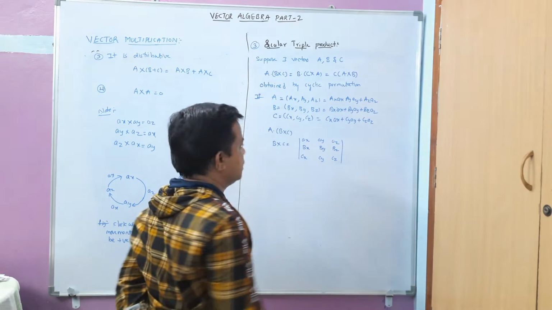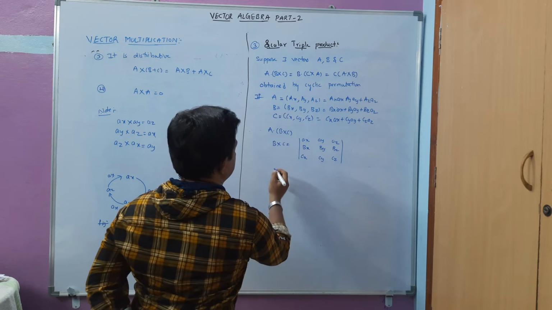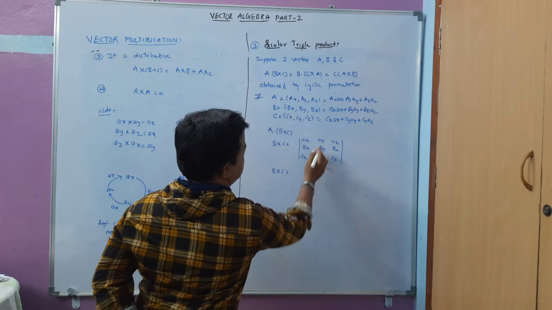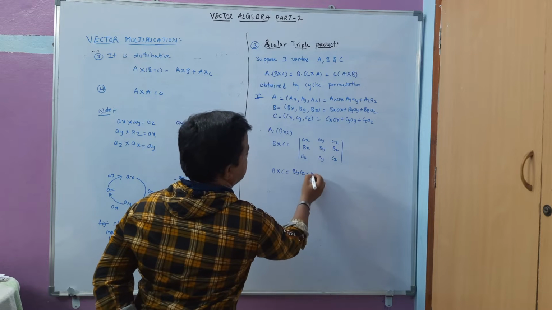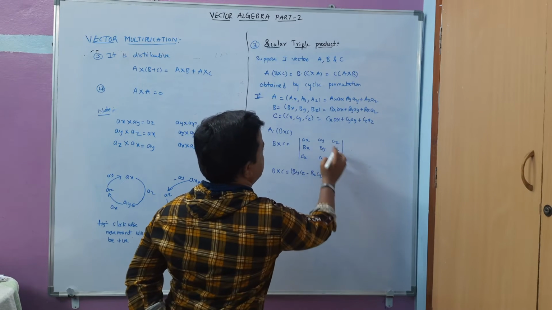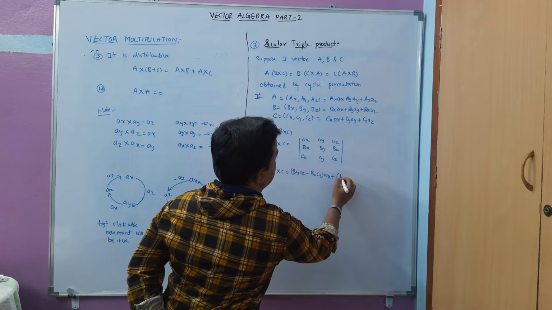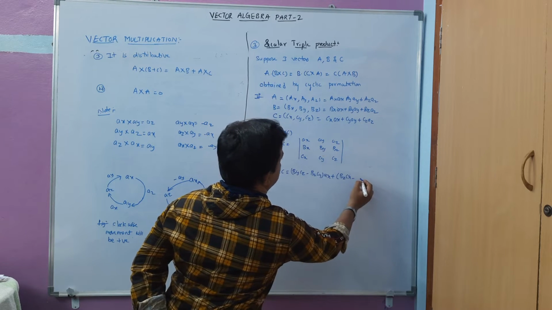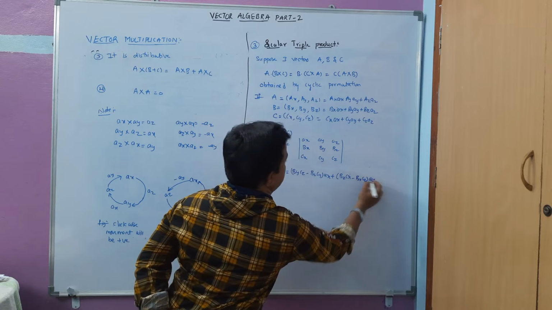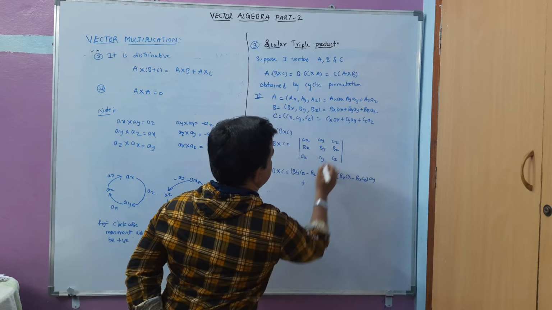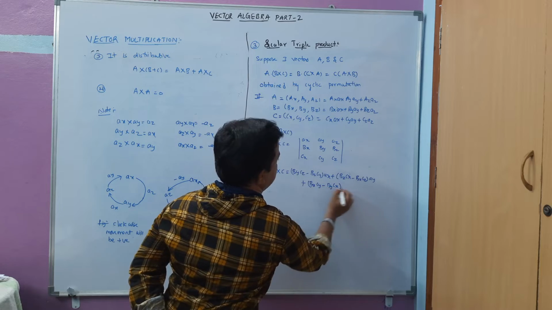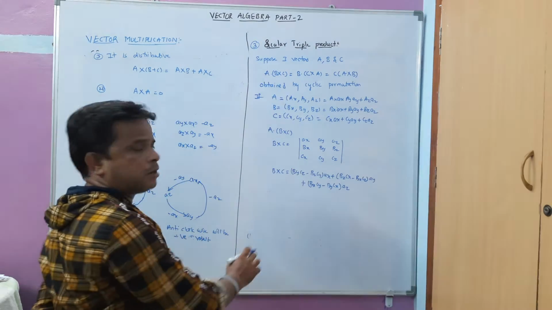Next I can write B cross C equal to BY CZ minus BZ CY into AX, plus BZ CX minus BX CZ into AY, plus BX CY minus BY CX into AZ. Now I got the result of B cross C here.